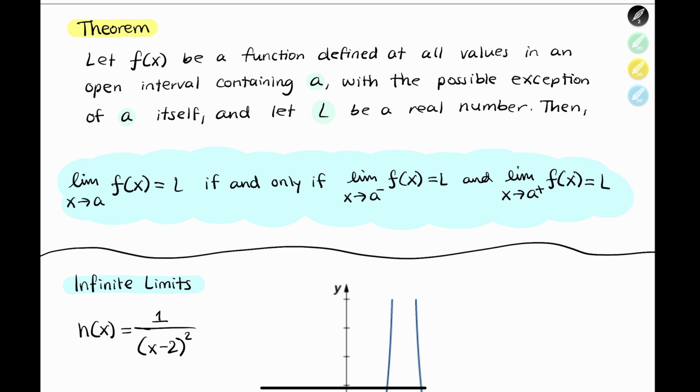Then the limit of f of x as x approaches a is equal to L if and only if the limit of f of x as x approaches a from the left-hand side is equal to L, and the limit of f of x as x approaches a from the right-hand side is equal to L. So if the left-hand limit and the right-hand limit are equal to each other, only then is the limit of f of x as x approaches a equal to L.